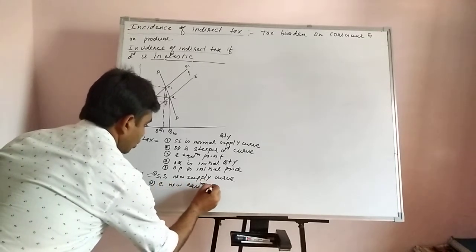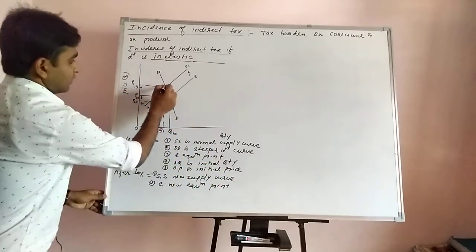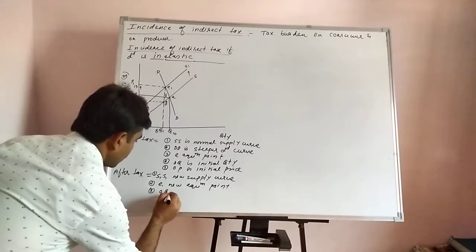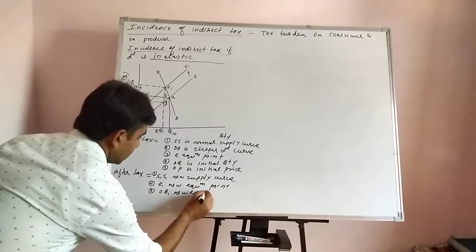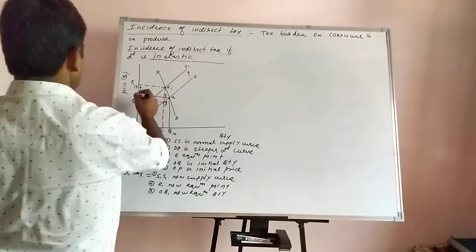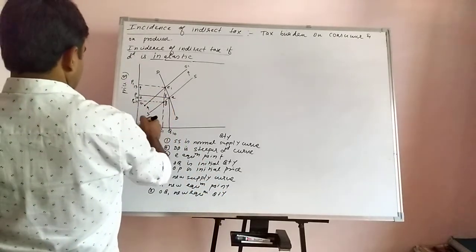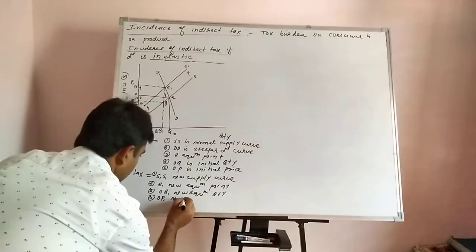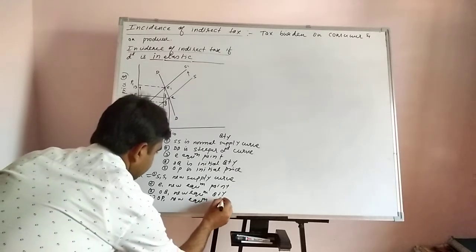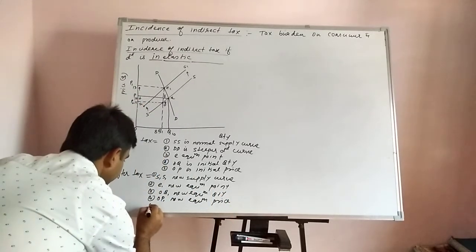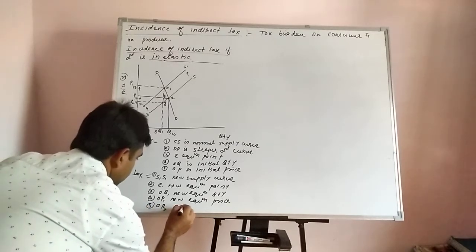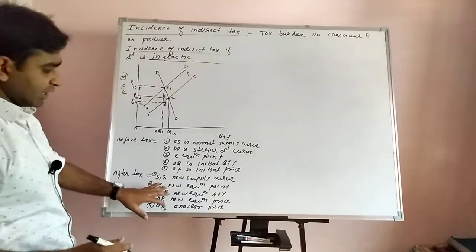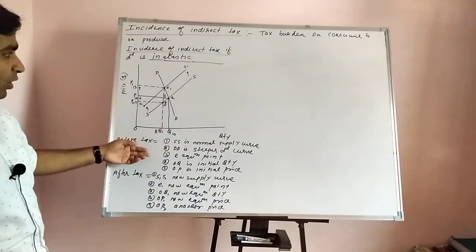This particular point, we have a new equilibrium quantity 0Q1. 0Q1 is new equilibrium quantity, and 0P1 new equilibrium price, and 0P2 another price. So this is the situation after tax, and the above situation is before tax.